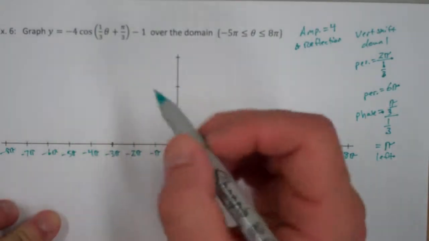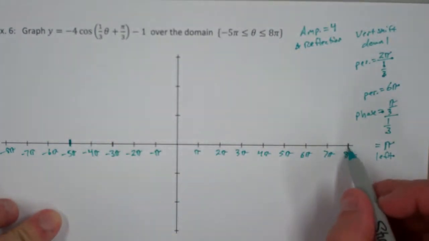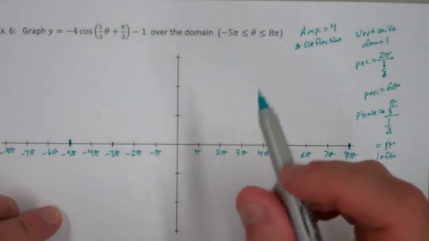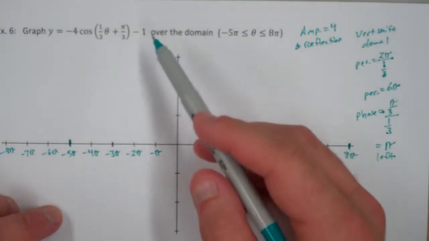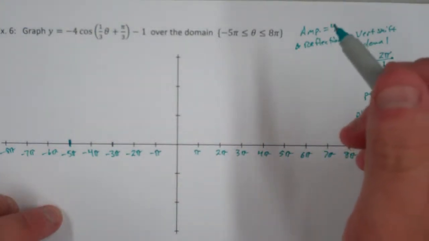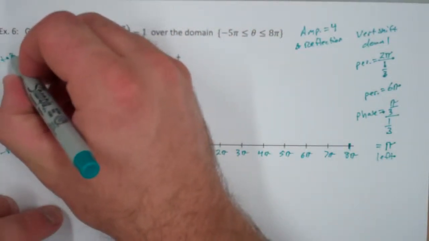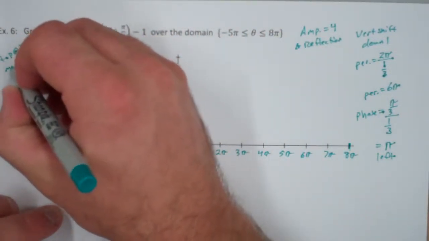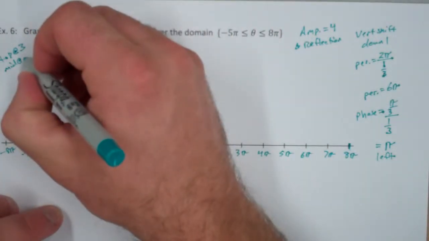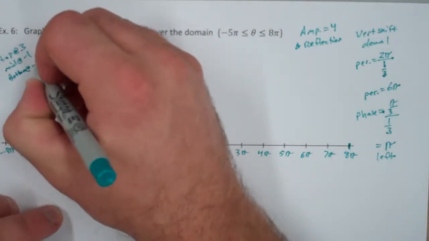We could continue back here, but we need to stop here, so we'll just finish it out. So this is our stopping point right here, negative 5 pi, and then 8 pi, if you want to make a little mark there for where we need to get the graph. Also, we need to shift down 1, but the amplitude is 4. So our top line is going to be at 3, so we need a top at 3, mid at negative 1, and then bottom will be at negative 5.